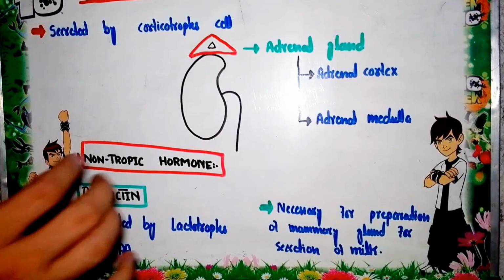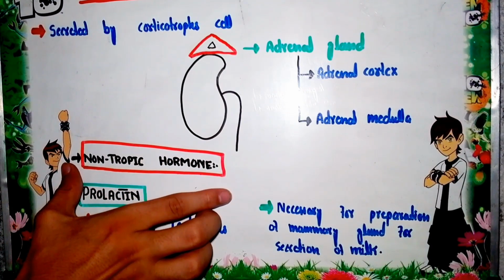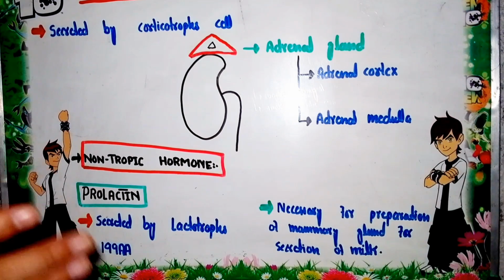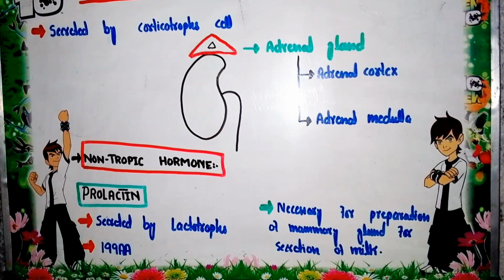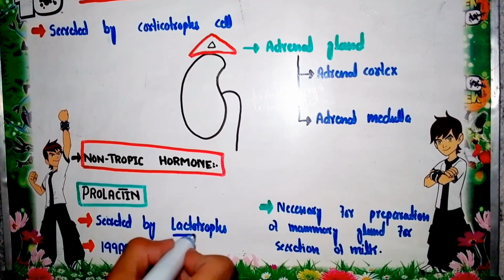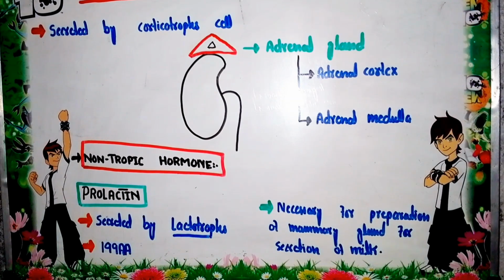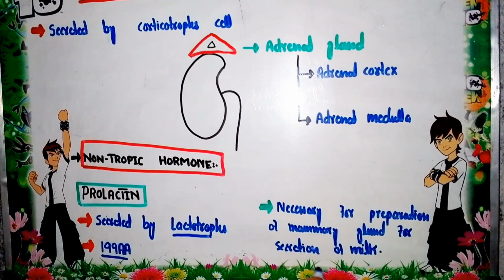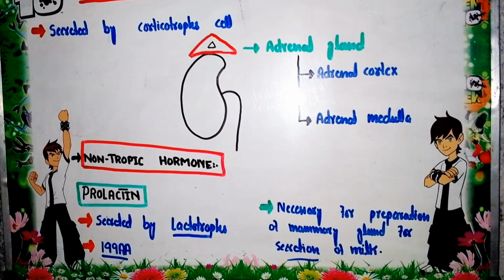The non-trophic hormone basically secreted by the anterior pituitary is prolactin. Prolactin is secreted by the lactotrophic cells, and it is mainly composed of a single polypeptide chain containing 199 amino acids. This prolactin is responsible for the preparation of the mammary gland for the secretion and production of milk.